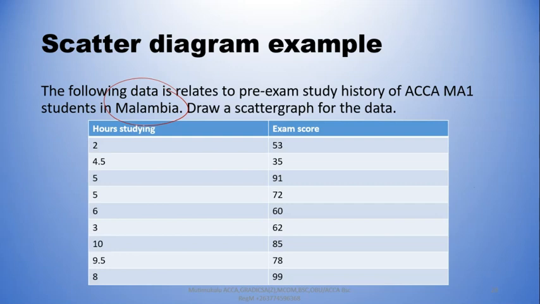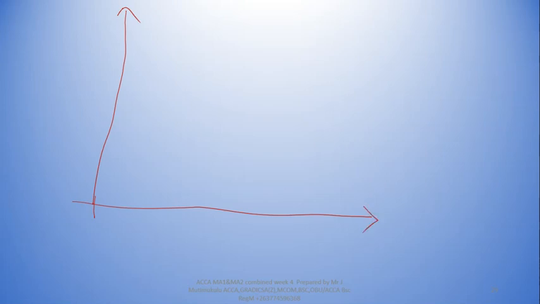So we come here and say scatter plot, here we are. So this is a vertical axis. Do not worry about the bending. Like I said, you need to determine which one is the dependent and which one is the independent variable.